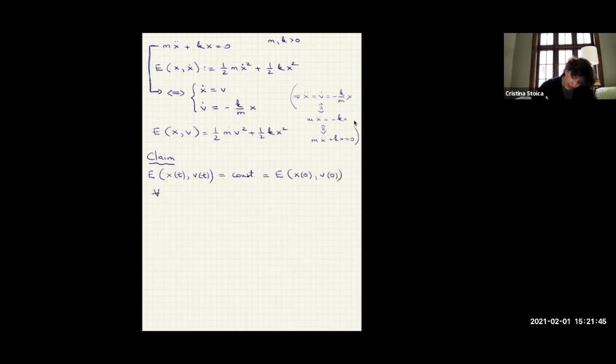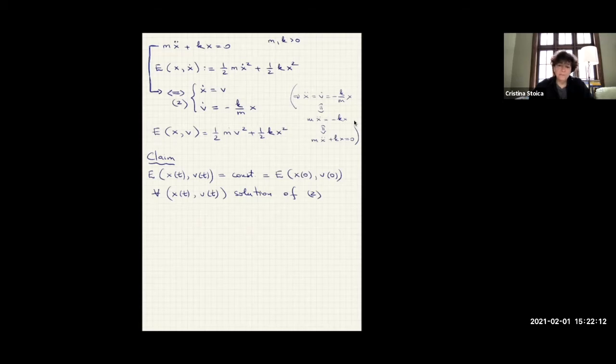And this is for any x of t and v of t solution of our 2 ODE first order system that is equivalent to the original second order ODE modeling the oscillator.